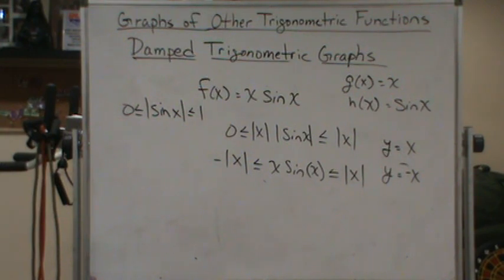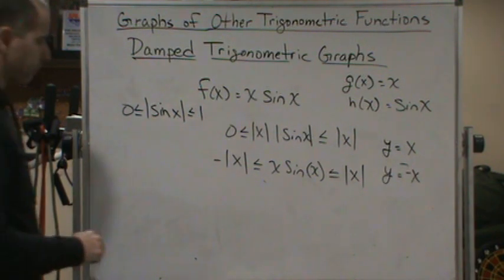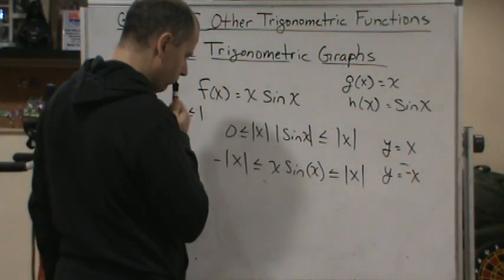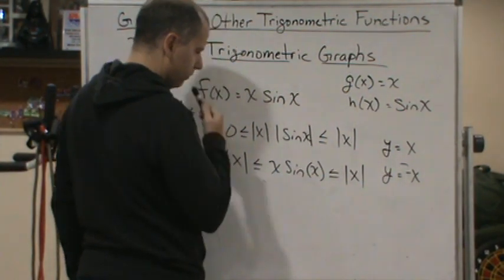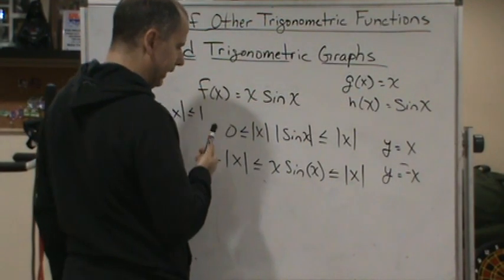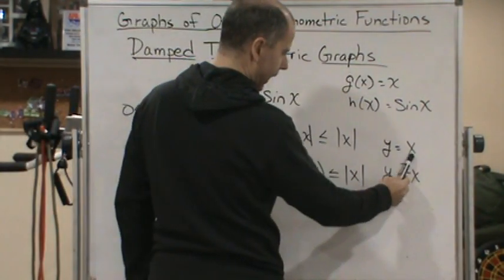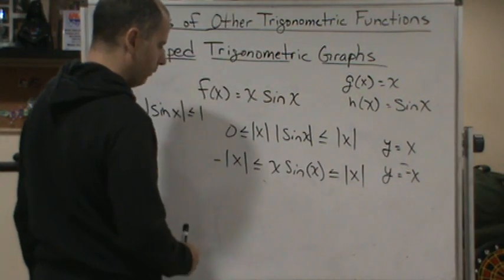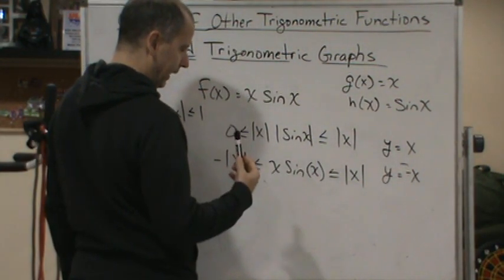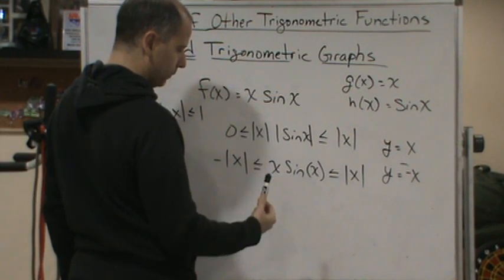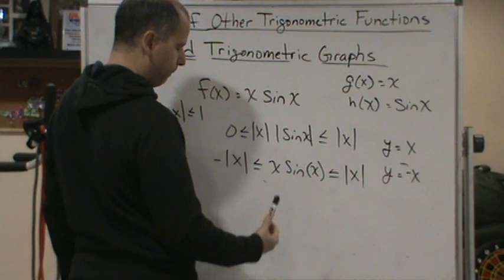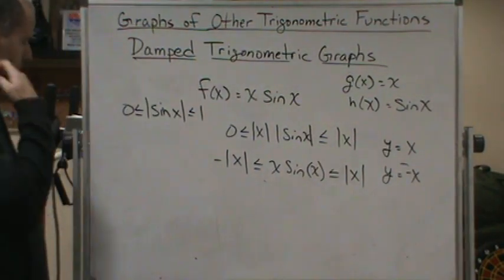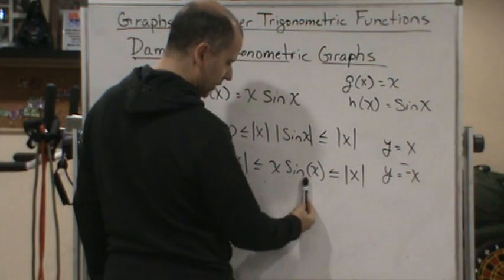Okay? Now, also, realize that this function is either going to equal x or negative x at every odd multiple of pi over 2. Right? Because think about this.